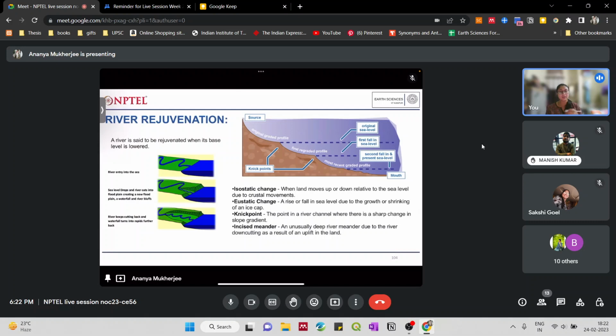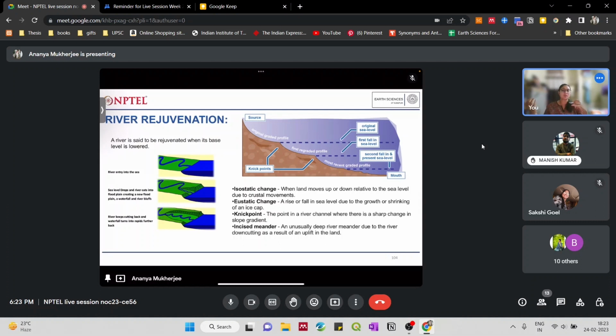So another aspect that we see during the erosional work of the river is river rejuvenation. Okay, what is river rejuvenation? Conceptually, suppose the river is flowing at a level which is similar to the sea level.